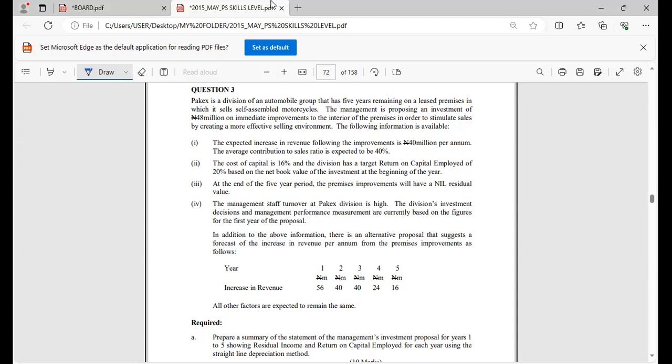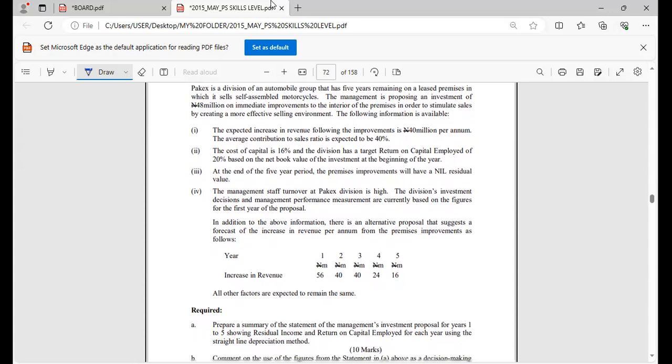Year 1, 2, 3, 4, 5. Increase in revenue: 56 for year 1, 40 for year 2, 40 for year 3, 24 million for year 4, and 16 for year 5. All other factors are expected to remain the same.